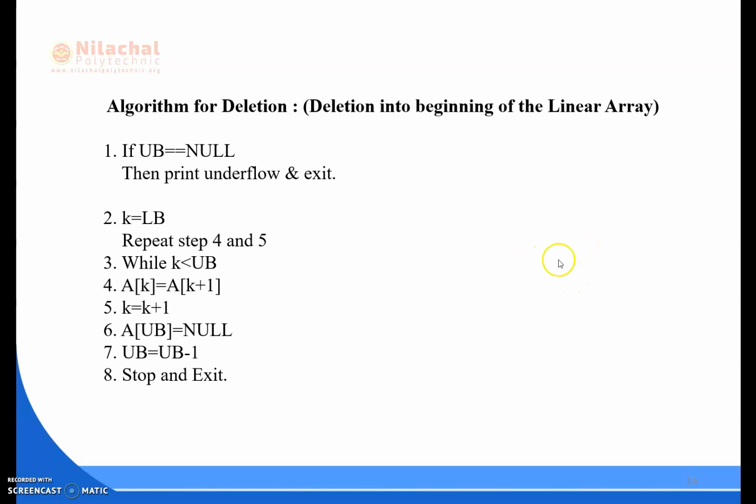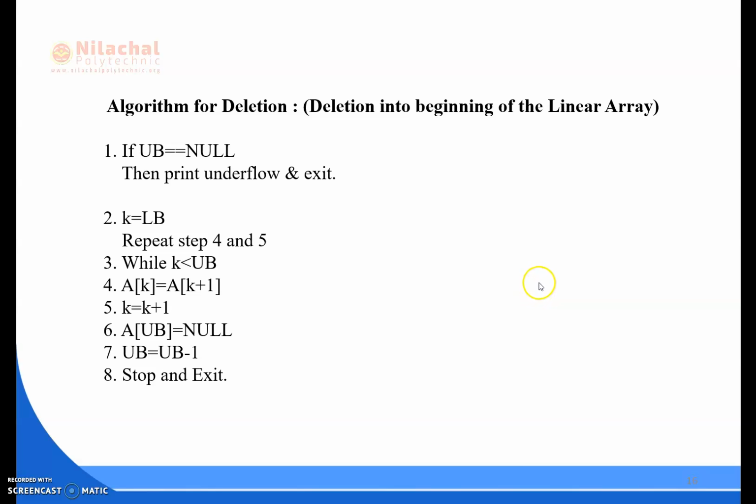So what we need to do is set the fourth position, which was the upper bound position, to null. After setting it to null, the fourth position is still the upper bound position, but it does not have any data.